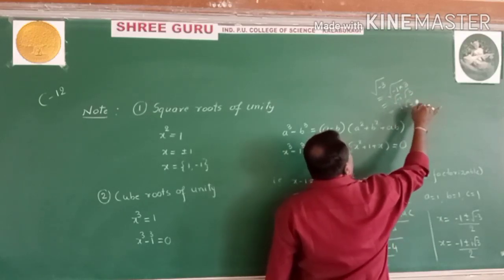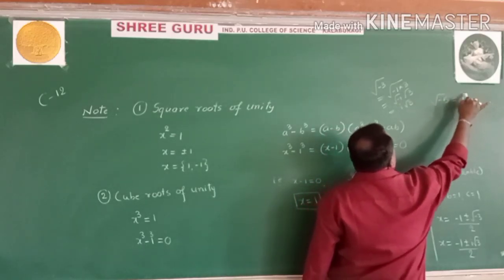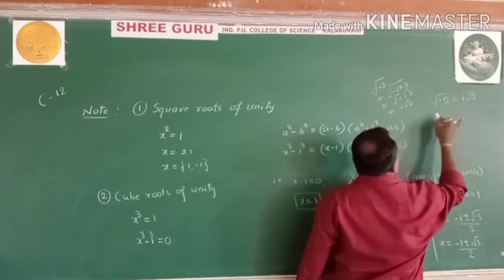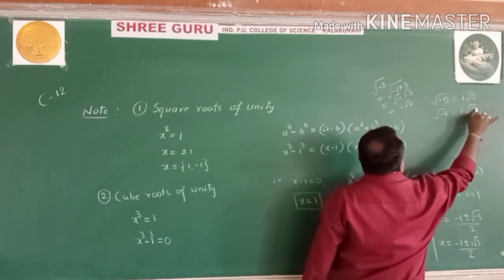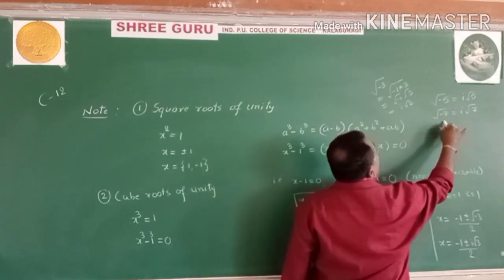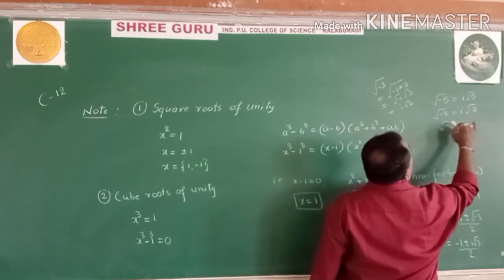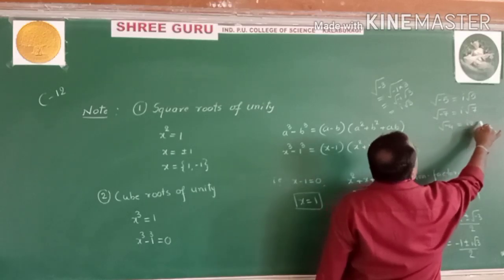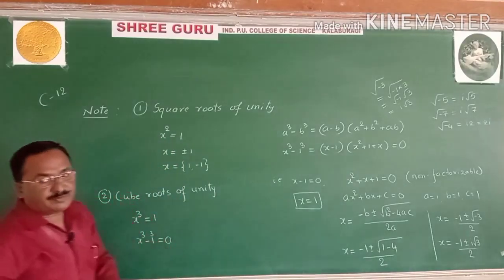So i root 3. Suppose root of minus 5, I will write i root 5. Root of minus 7, write i root 7. Understood? Root of minus 4 written in the form of i as it is, root 4 value is 2. This can be written 2i.